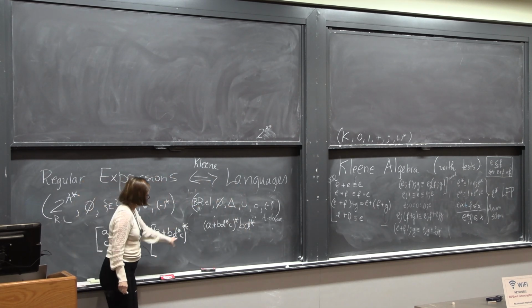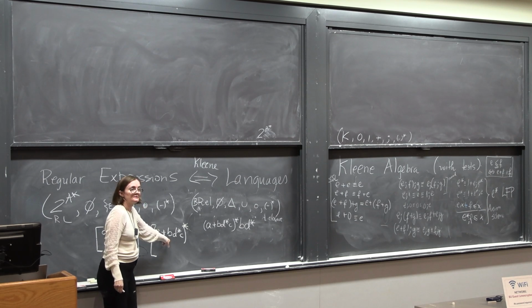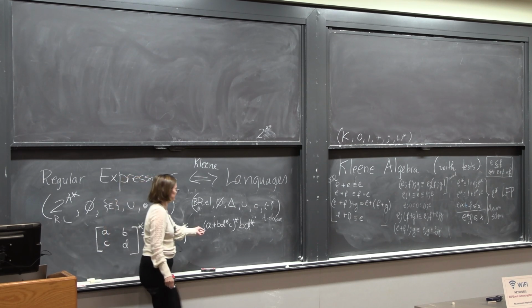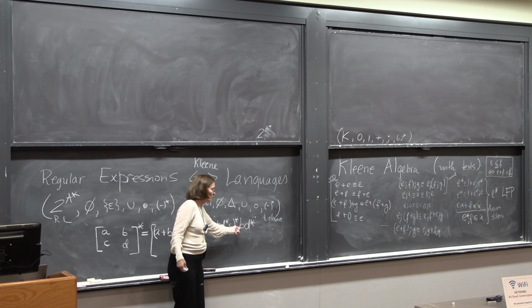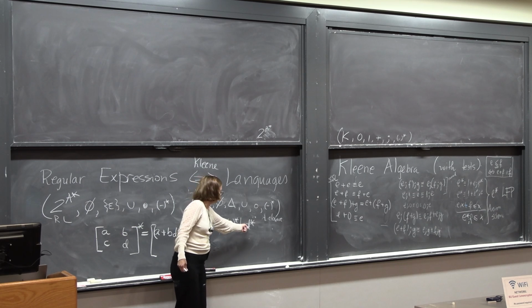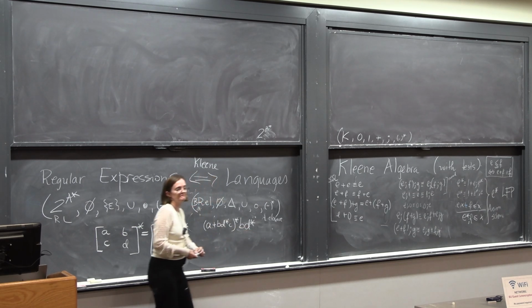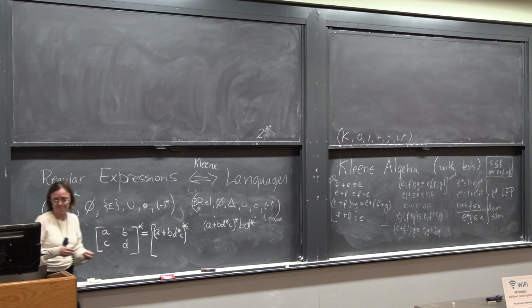So if you look at it, it has the first expression there. What this is saying is, if I'm going from 1 to 2, I can go many times from 1 to 1, and then at some point, I need to take a B to get to 2, and I stay in 2.